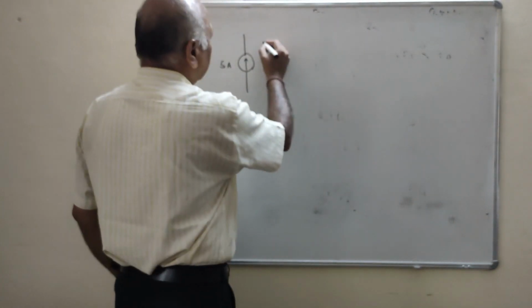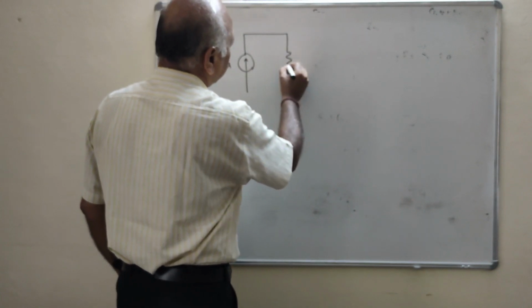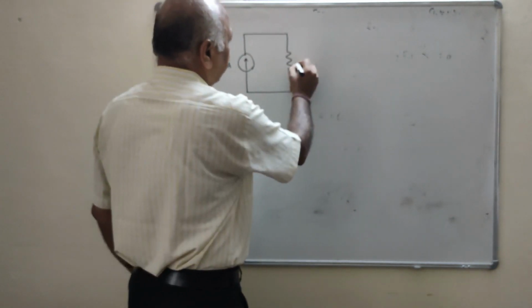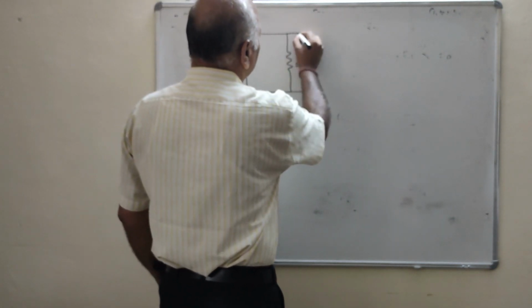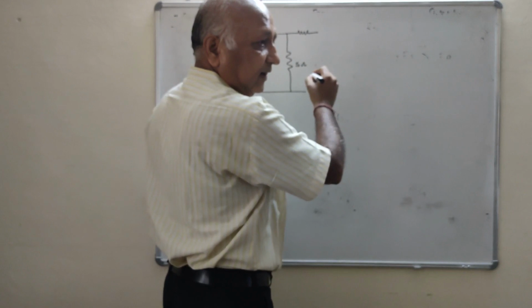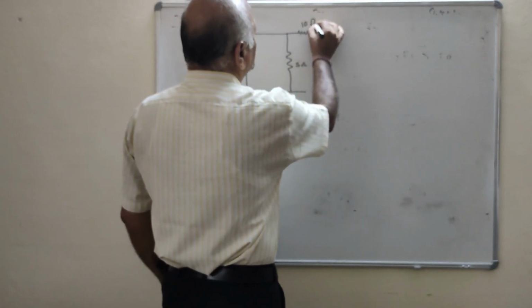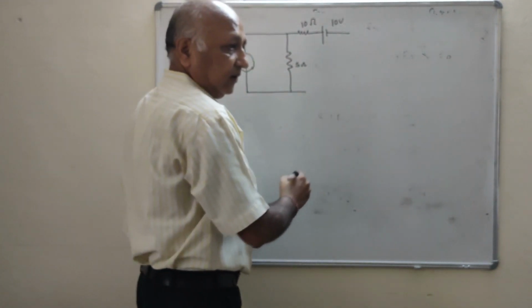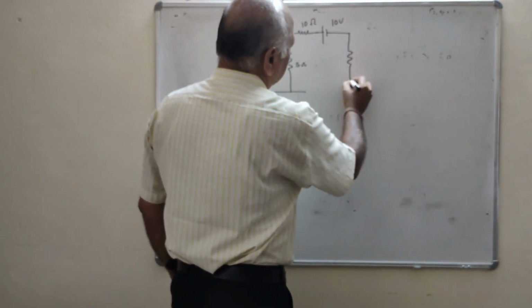Here, this is a resistance having the value of 5 ohm. Here, this is 10 ohm. Here a source, that is 10 volt. This is 3 ohm.